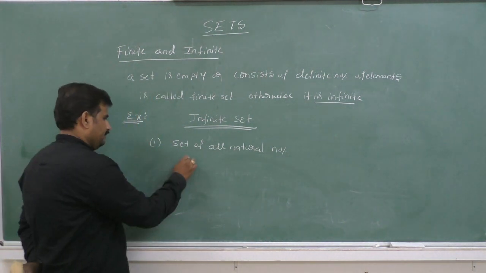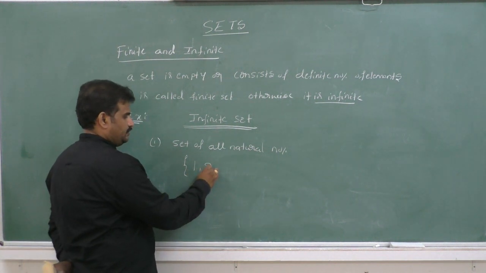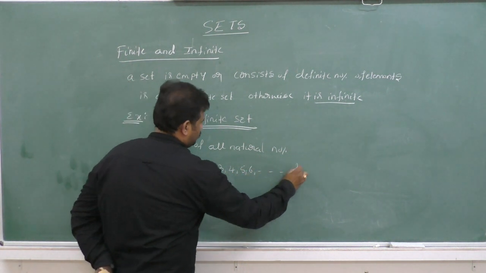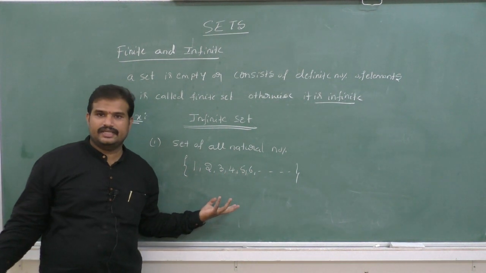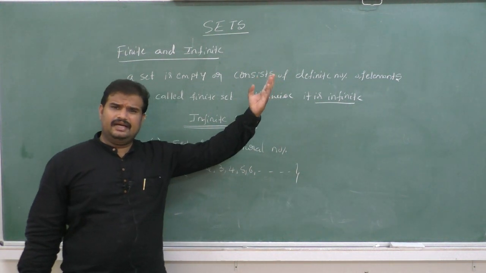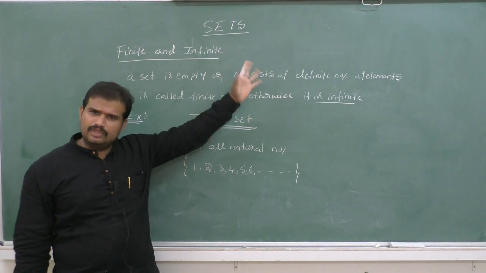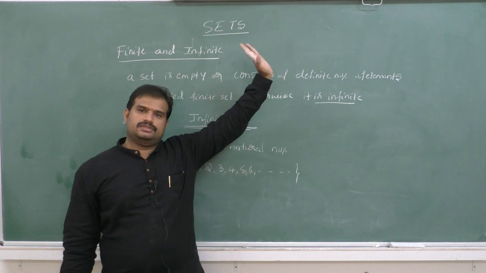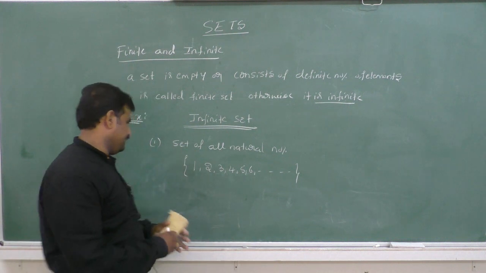What is the set of all natural numbers in roster form? It's 1, 2, 3, 4, 5, 6, like that it goes on. How many elements are present in this? We can't say. Because it goes on, after 100 comes 101, like that it goes on, after 1000 also, lakh, crore, it continues. So it is an example of infinite set.